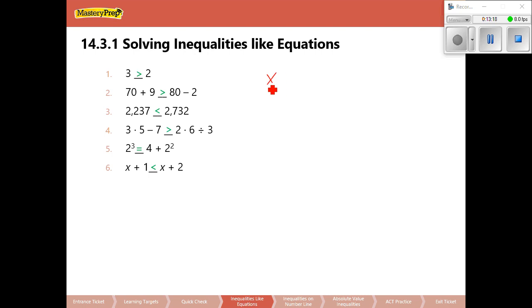Let's say x is 2. Well, we would have 2 plus 1, comparing it with 2 plus 2. Any value of x I plug in, we would still get the same comparison, because if I'm adding 1 to it and the other 2, the one with 2 should be bigger.